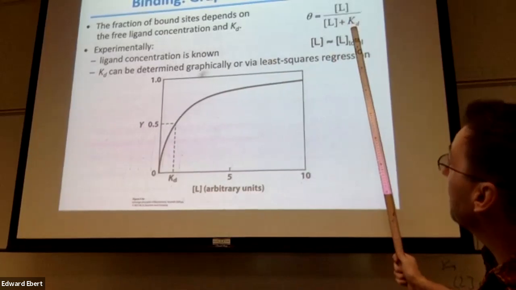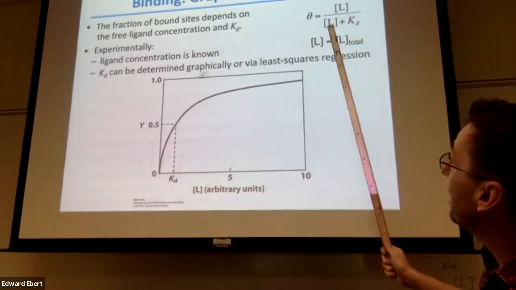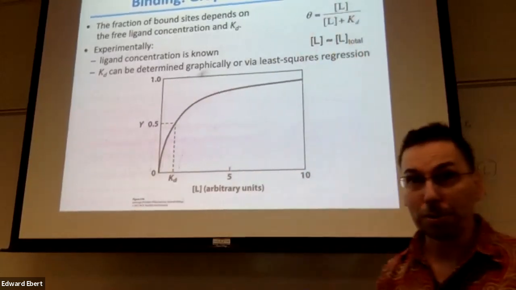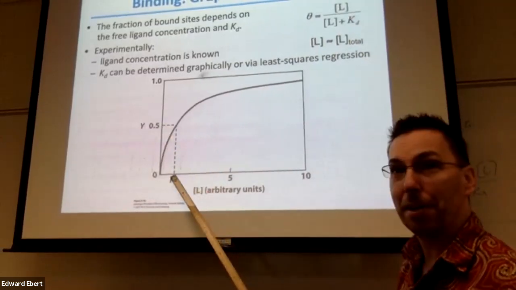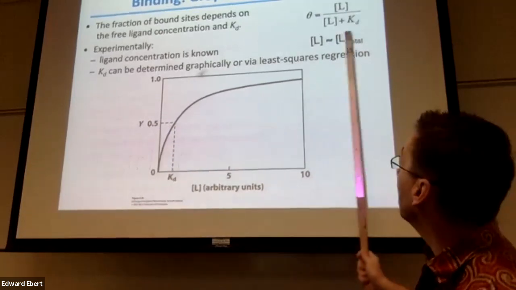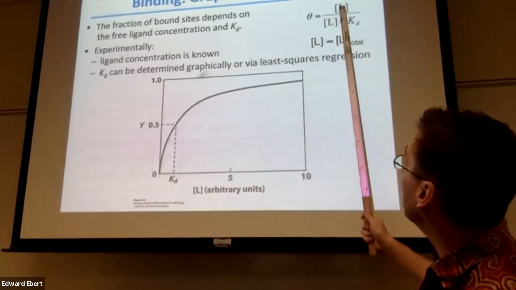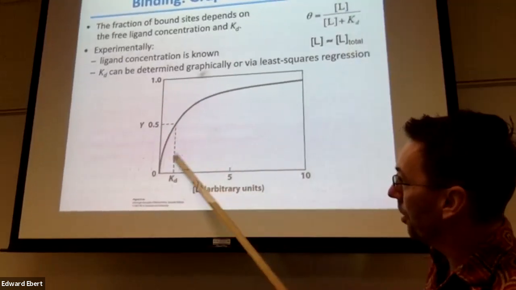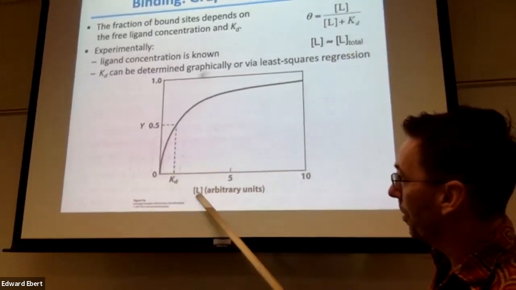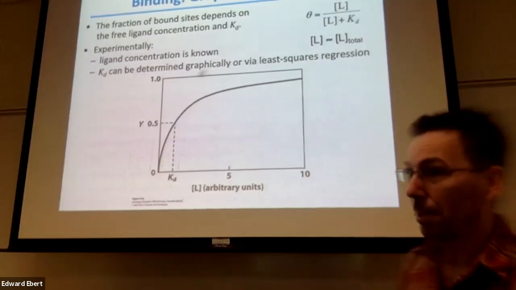So the neat thing is, when KD happens to be equal to the ligand concentration, half of our sites are going to be occupied. All right. So if this equals L, we'll basically have L over 2L. That's 1/2. So that's our 50% occupancy. We can figure that out. Okay. All right.